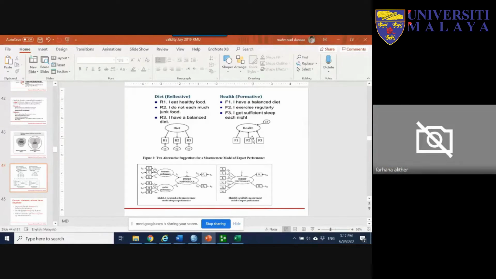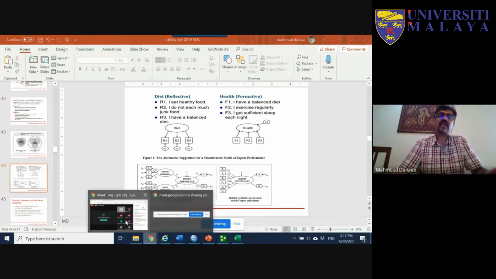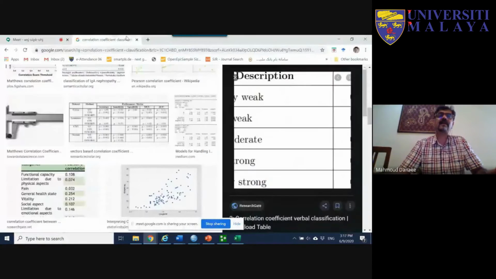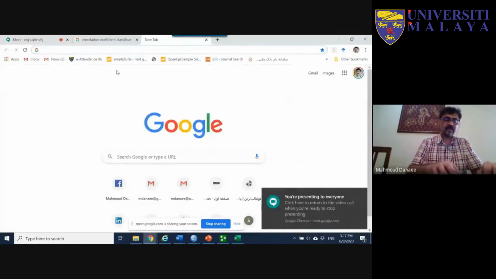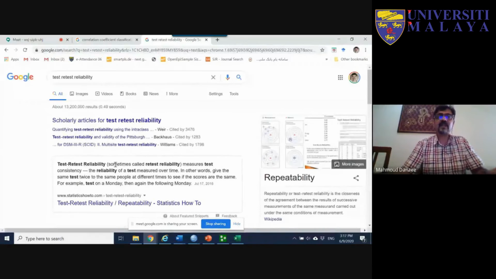No? Have you heard about test-retest reliability? So remember, when you are dealing with a questionnaire that is basically formative, then you have to do the test-retest reliability. The test-retest reliability is a measure of reliability that can be done for a formative construct.